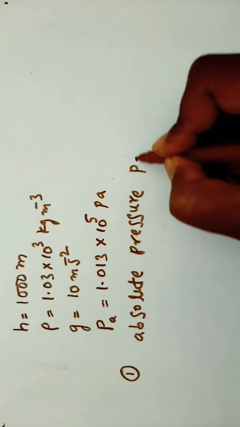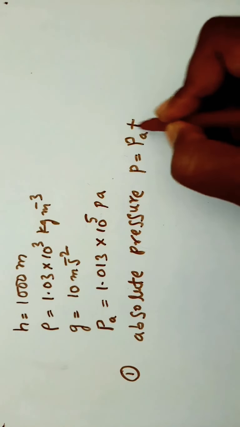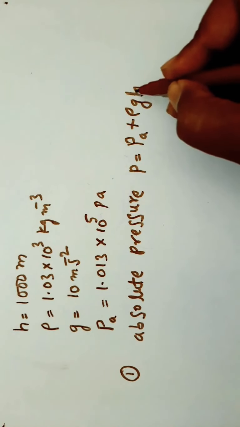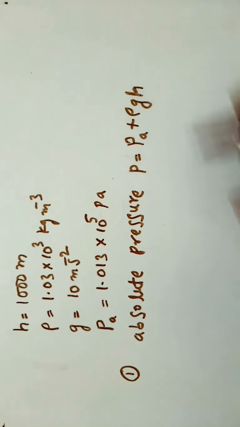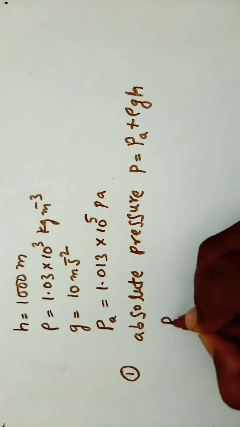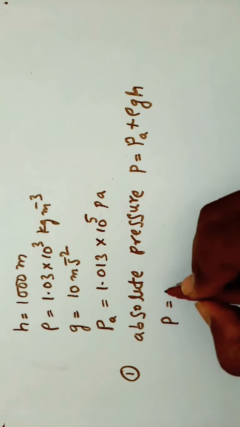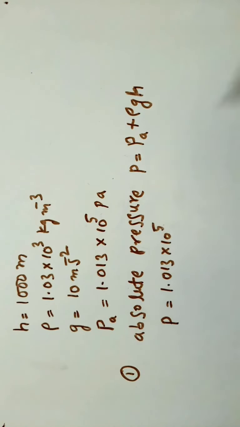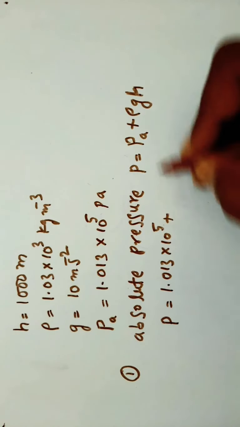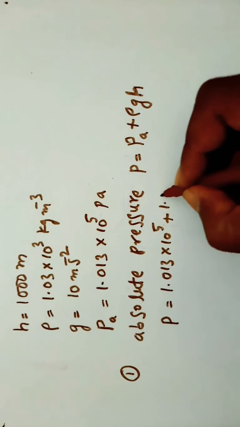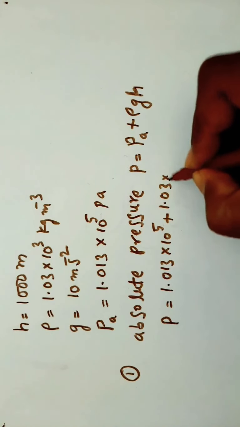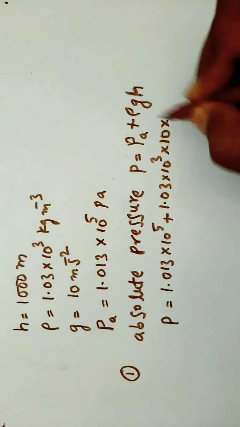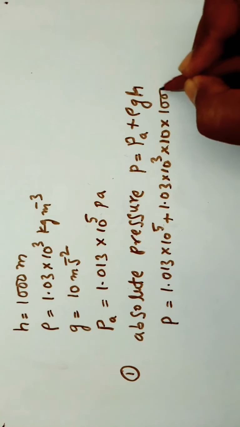So that is P is equal to PA plus rho gH. So therefore P is equal to, here PA is equal to 1.013 into 10 to the power of 5 plus rho is equal to 1.03 into 10 to the power of 3. Here g is equal to 10, H is equal to 1000.